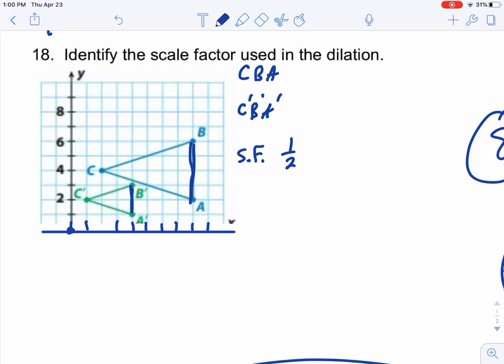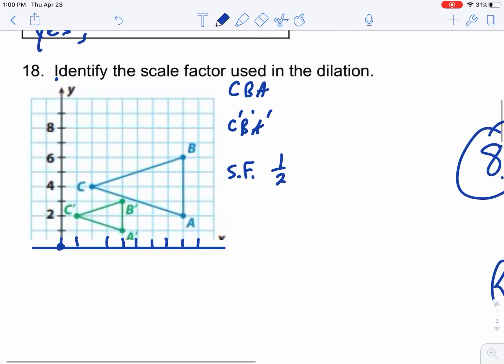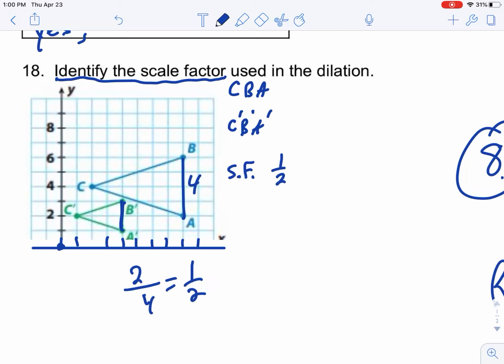Another way to look at it is this point is half the distance to the origin as that point, and this point is half the distance to the origin of that point. Essentially, when they say identify the scale factor, they're telling you that these are dilations. Just hone in on sides and divide them. This side is 2, this side is 4, that's 1/2, so that's your scale factor.